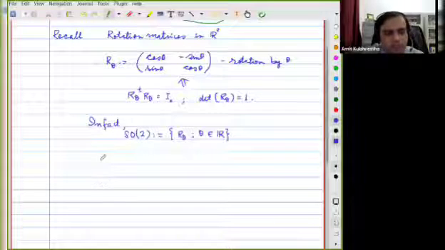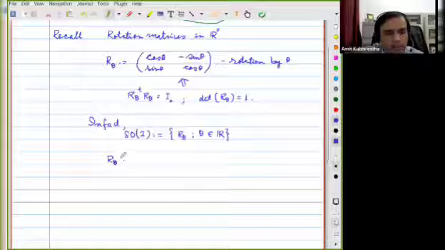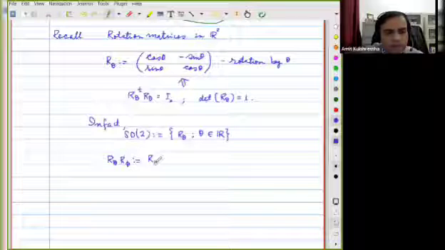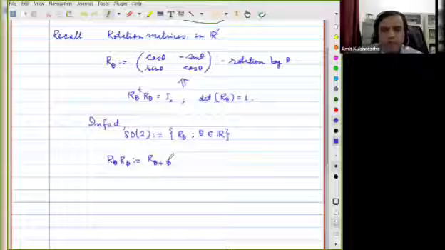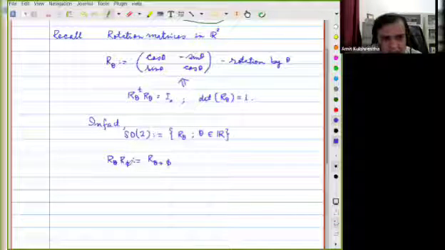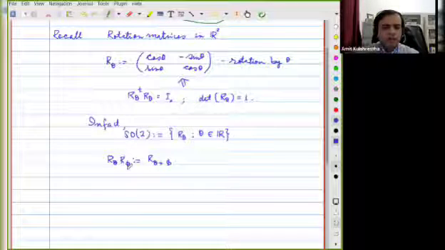And if you take r theta, r phi, what you have is r theta plus phi, right? Our common sense: we rotate by theta and then rotate by phi. Well, rather you first rotate by phi and then rotate by theta. The way we compose functions is from right to left.